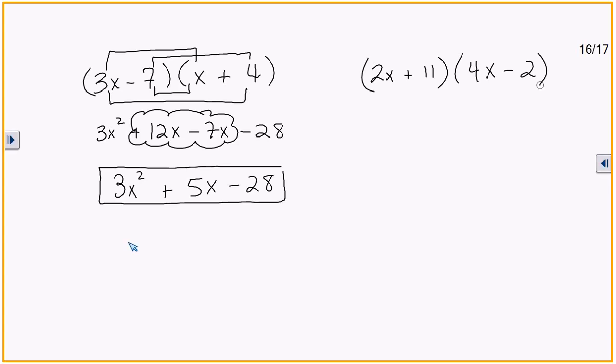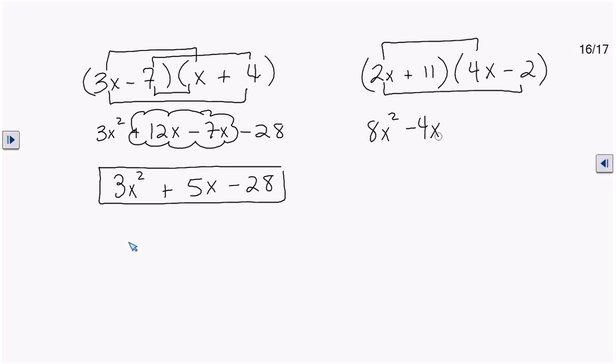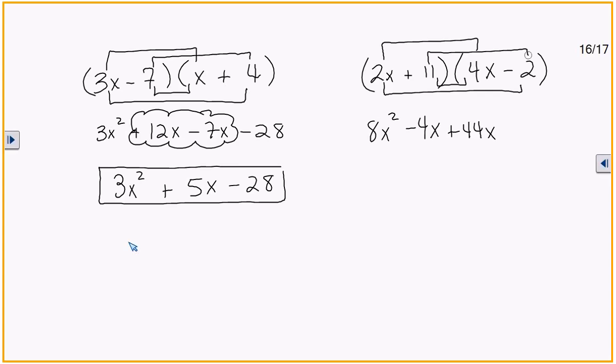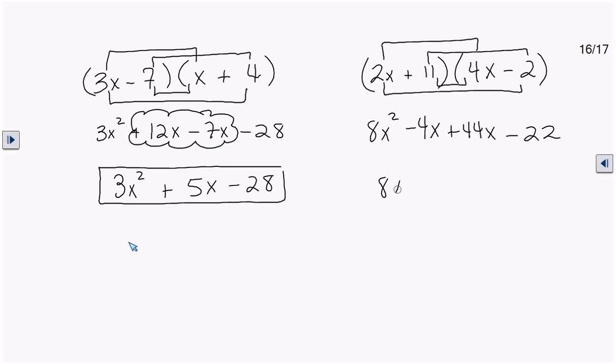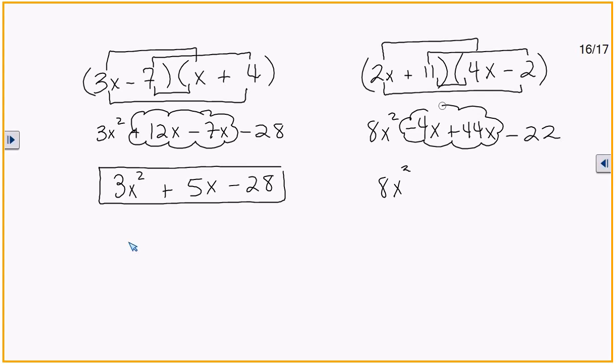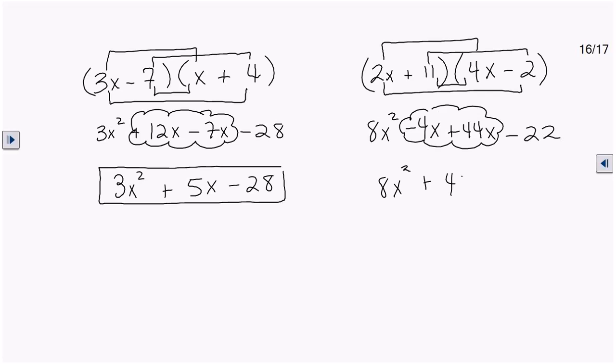And that's going to be 8x squared, negative 4x, plus 44x, minus 22. And that's going to give us 8x squared. These two is 40x, minus 22.